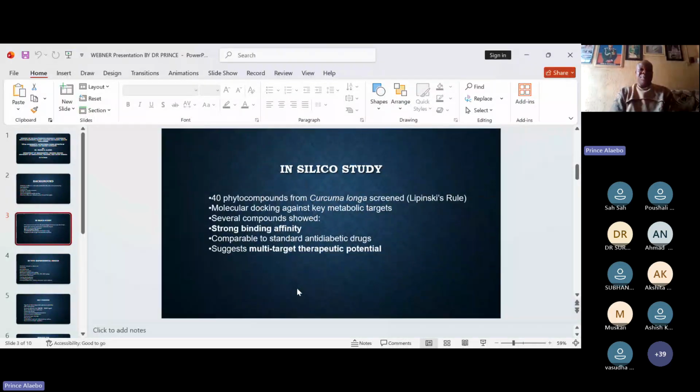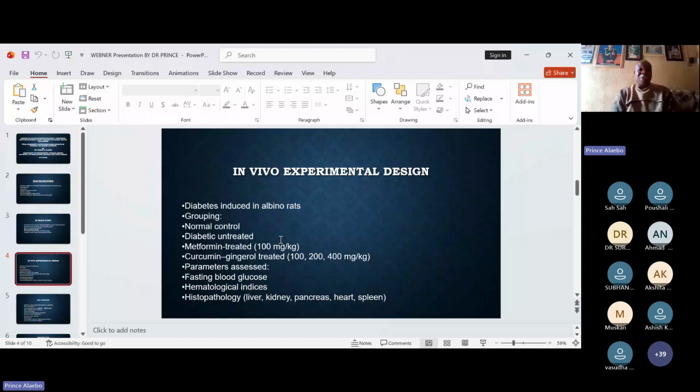In the in vivo experimental design, diabetes was induced in albino rats, and we grouped the rats into normal control, diabetic untreated, metformin treated with 100 milligram per kg body weight, and curcumin and gingerol treated with 100 milligram, 200 milligram, and 400 milligram per kg body weight of the rats.